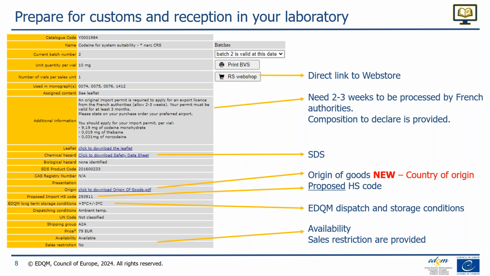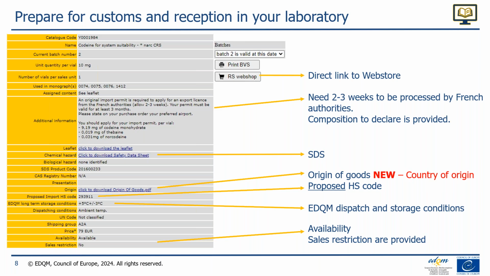We have also included in the additional information section the actual composition of our reference standards to help you with your permit requests. You will find on this page the direct links to the safety data sheets and the origin of goods document. For the origin of goods, we now also include the country of origin to meet some regulatory requirements in some countries.